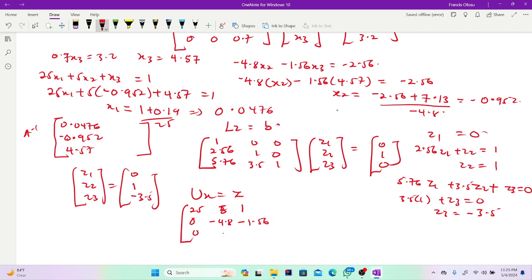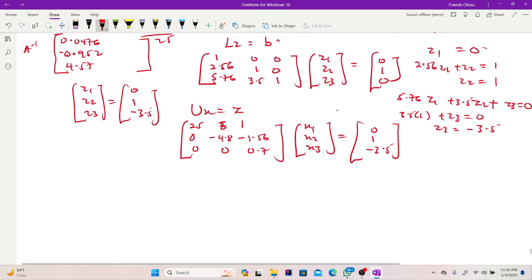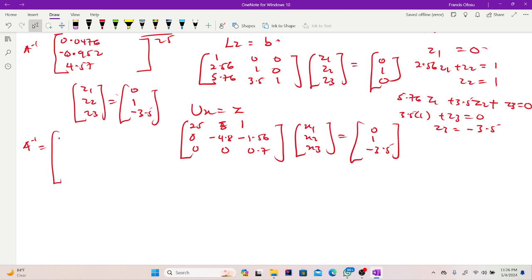Then I have 0, 0, 0.7. Multiplying the x, so x1, x2, x3 once again. Then our new Z's, which is 0, 1, negative 0.5, right? So at this point, take note, we are still progressing with the inverse. The inverse is still here. So I can write my A inverse here is equal to the first column entry 0.0476, negative 0.952, 4.57.